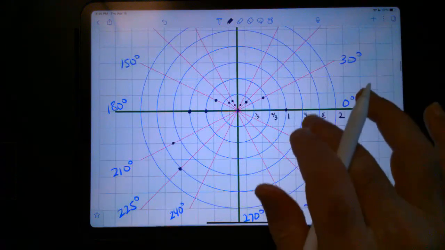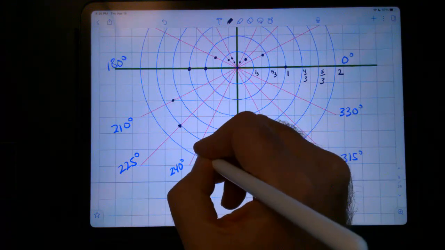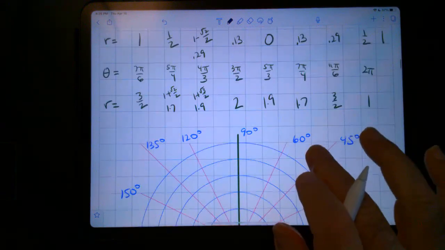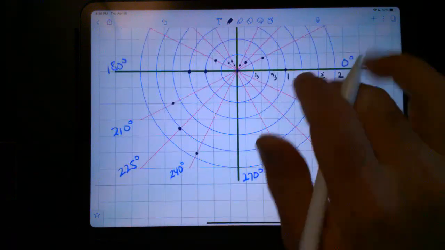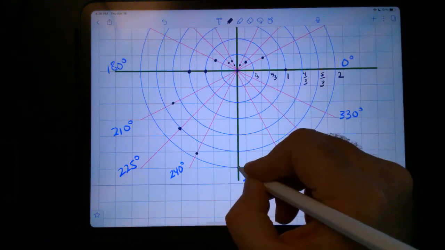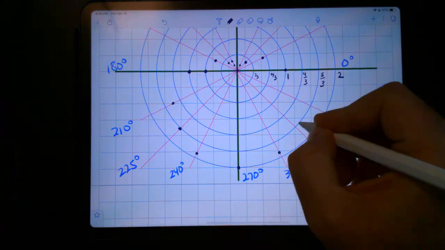Four pi over 3, we have 1.9. And when theta is 3 pi over 2, r is 2. And then it's going to repeat back.